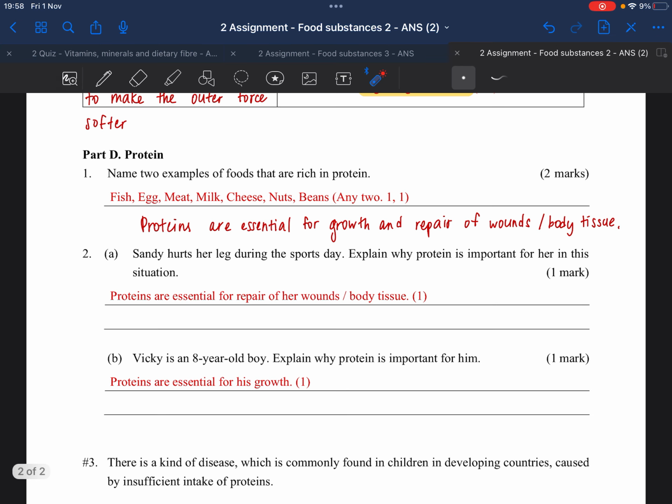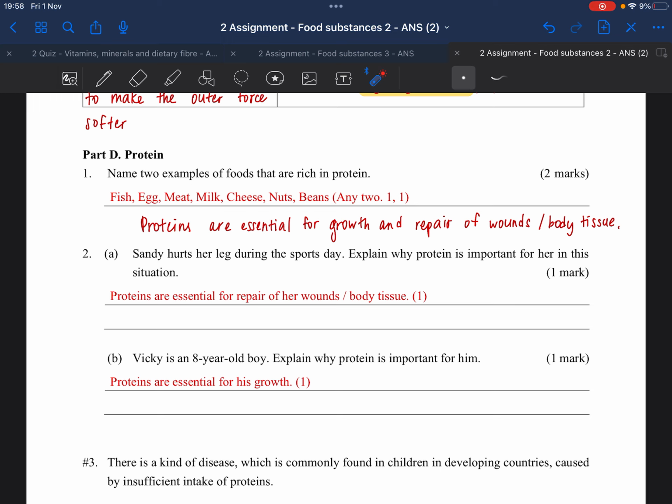Part D is about protein. Examples of foods that are rich in protein: fish, egg, meat, and the rest of them. I think many of you could get it right. And for question 2A and B, I think many of you could get it right.